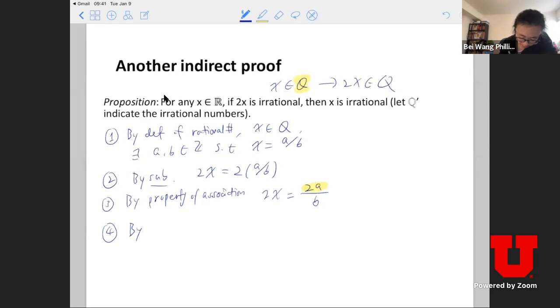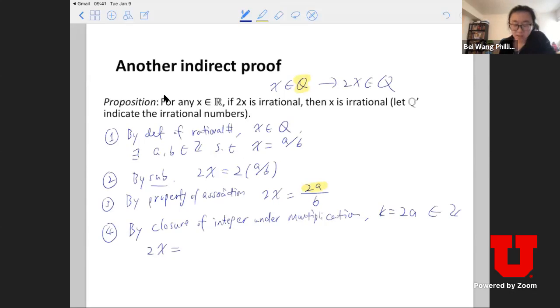So again, I use the closure of integers under multiplication. Because a is an integer, 2a is an integer since 2 is an integer. Then 2x is equal to, if I let k equal 2a, a is an integer, so k is an integer.